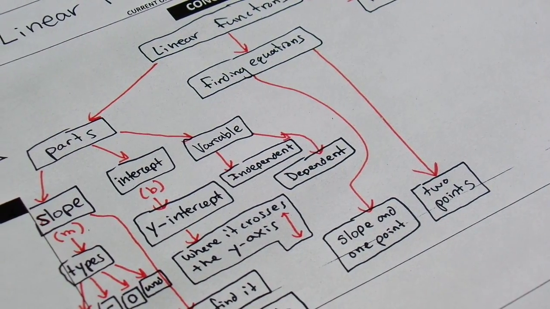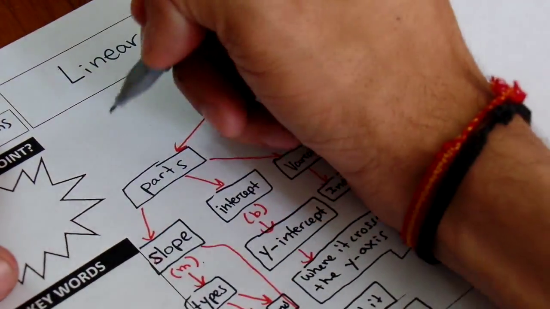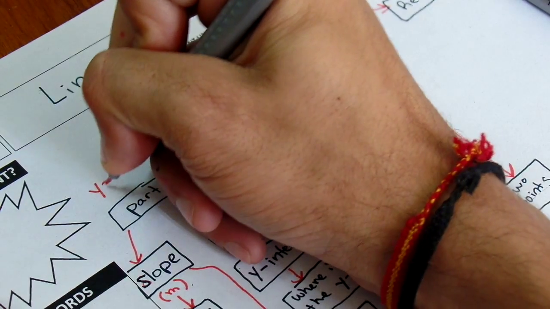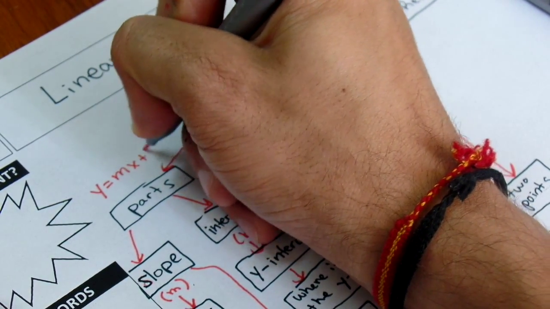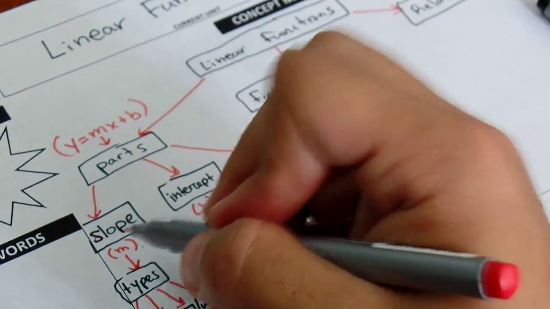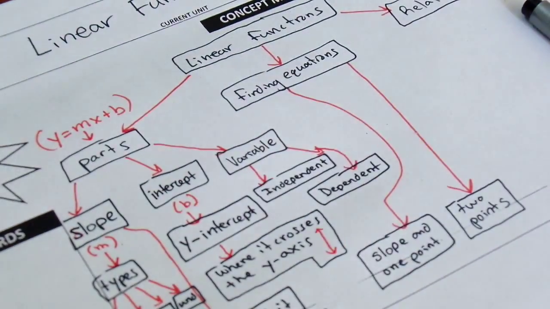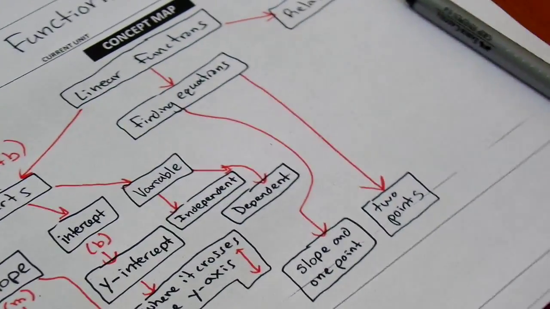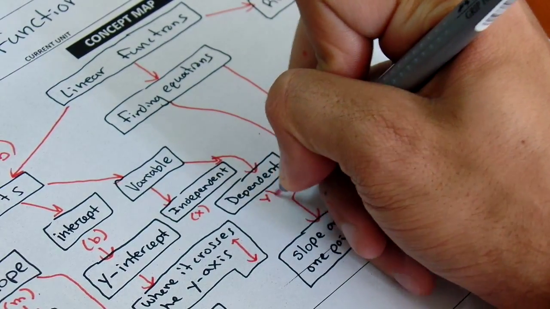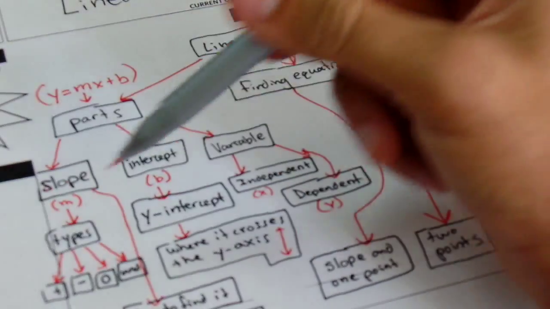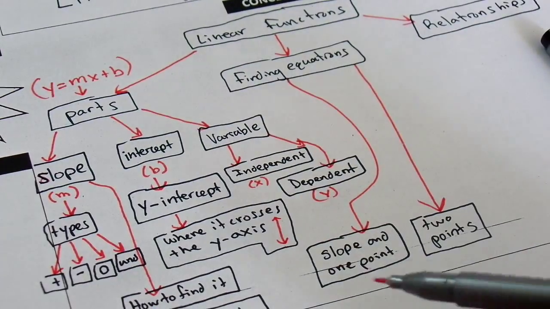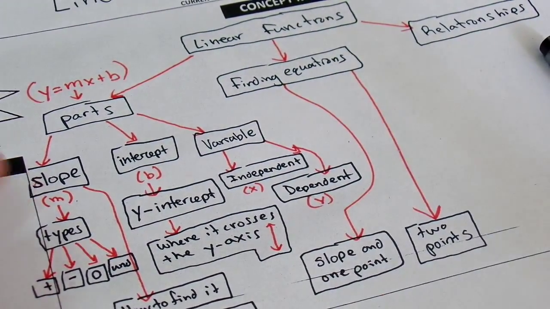And really quickly, I didn't do it, I'm just going to put up here the parts make the equation y equals mx plus b. So we have our m, we have our b, and our independent variable be our x, and our dependent is y. So you're going to learn about each of the 4 parts, and they're all going to make this equation, and then we're going to find that using slope at 1 point or 2 points.